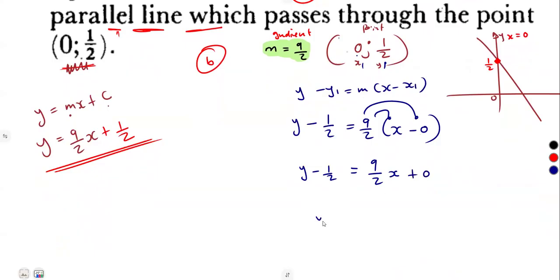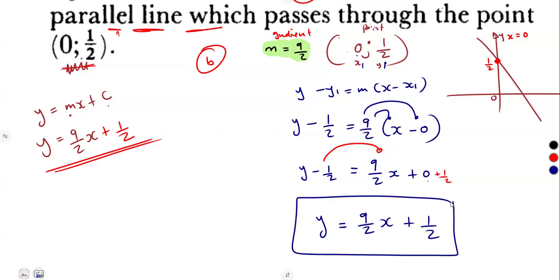There's nothing there. So y is equal to, we make y the subject, take the minus half to the other side. Definitely, it was going to add. So meaning to say, that's 9 over 2x, 0 plus 1 over 2, that's 1 over 2.